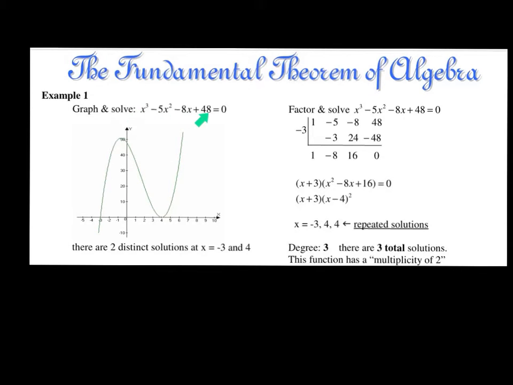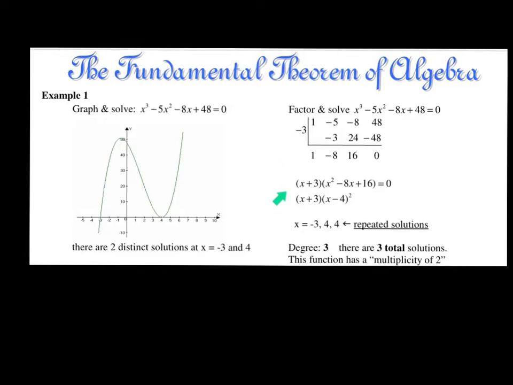Friday, I actually let you get a calculator and do exactly what this example is. Graph this and find one solution. I see a solution here at -3. I'm going to use that -3 to synthetically divide into the polynomial, and I get this. I know that since that was a cube, this now becomes a squared and turns into this quadratic, which will factor.